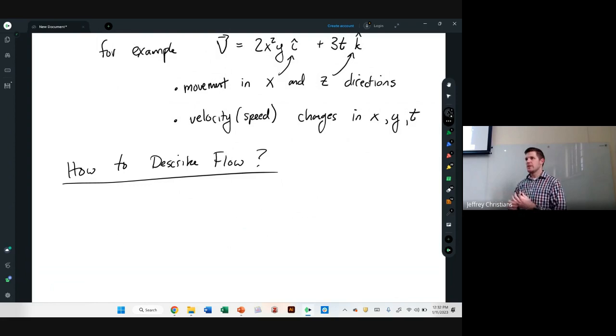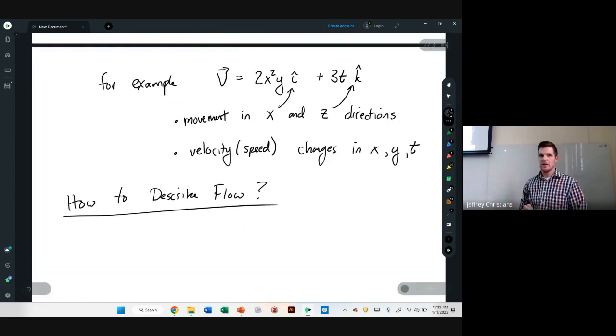Flow visualization experiments like the video we just watched of food coloring in a liquid, those are really common experiments to try to look at what fluids are doing. But those don't directly give you any information about what the velocity field looks like. So you're going to be able to visually see what's going on, but you're not going to be able to get an equation like the one at the top of the page, basically. So we're going to have to find ways to kind of mash what we're seeing to velocity fields and back and forth between the two so we can start to visualize what these things look like.